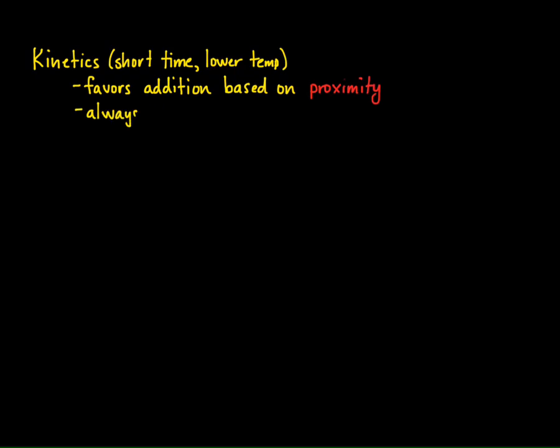So, kinetics, short time, low temperature, we see favors addition based on proximity, right? So this is always going to be 1,2 addition. So when we say that a reaction is favored kinetically, then we're always thinking about 1,2 addition.